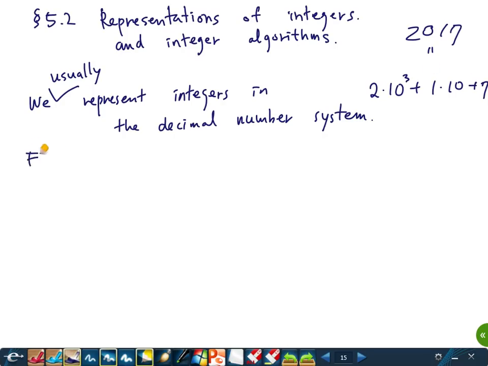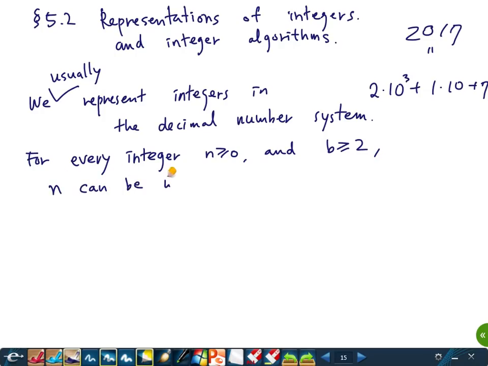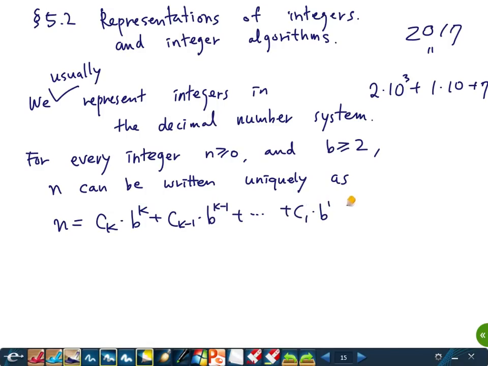For every non-negative integer n and integer b, with b at least 2 (b equals 1 doesn't really say anything), any integer n can be written uniquely this way as follows: n equals c_k times b^k, plus c_(k-1) times b^(k-1), and so on, plus c_1 times b^1, plus c_0 times b^0, where c_i is an integer between 0 and b.